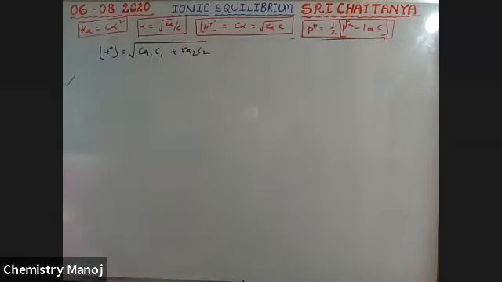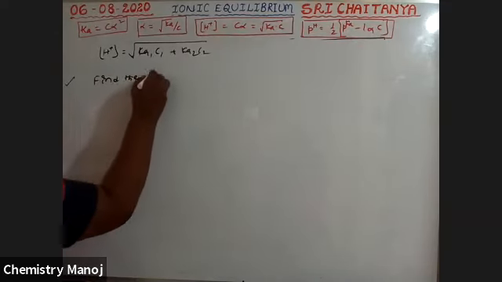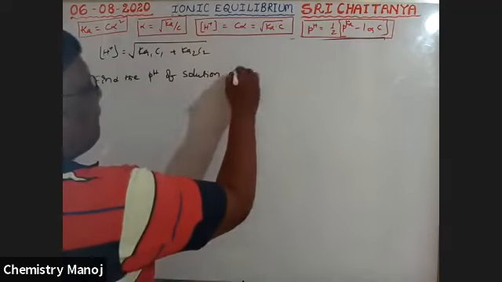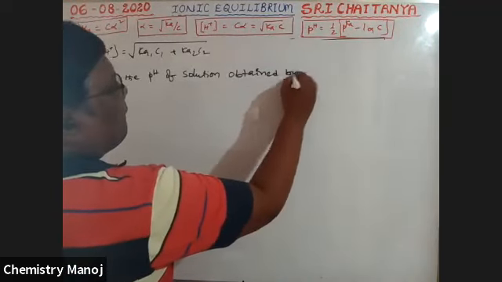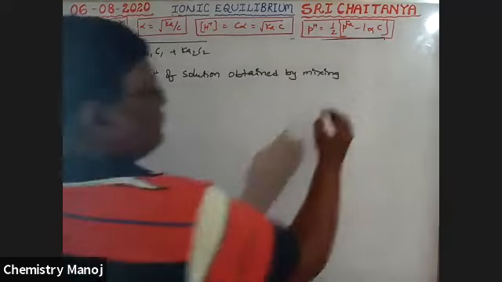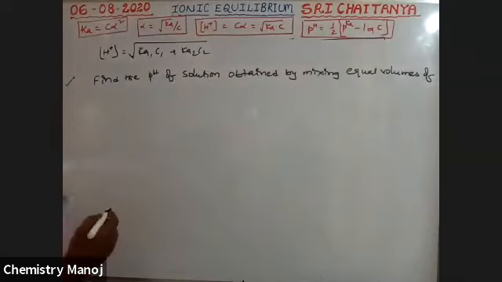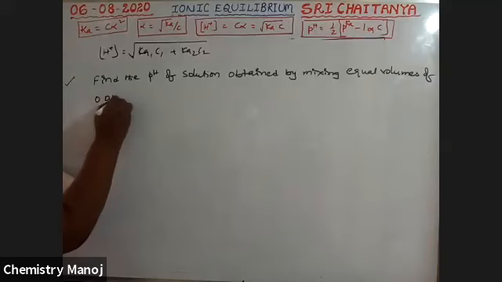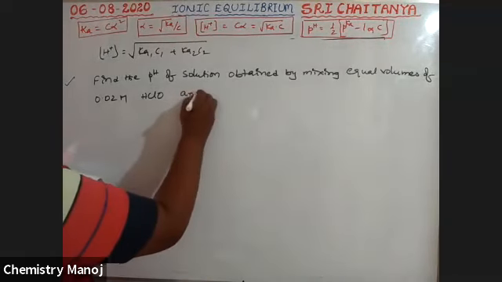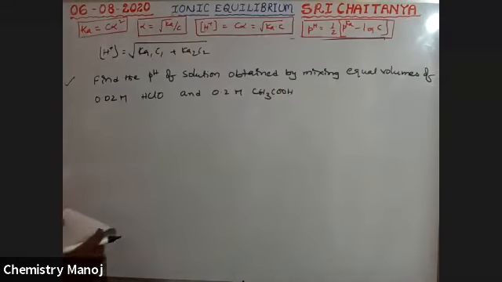Now the question is: find the pH of the solution obtained by mixing equal volumes of 0.02 M HOCl or HClO and 0.2 M CH3COOH solution.